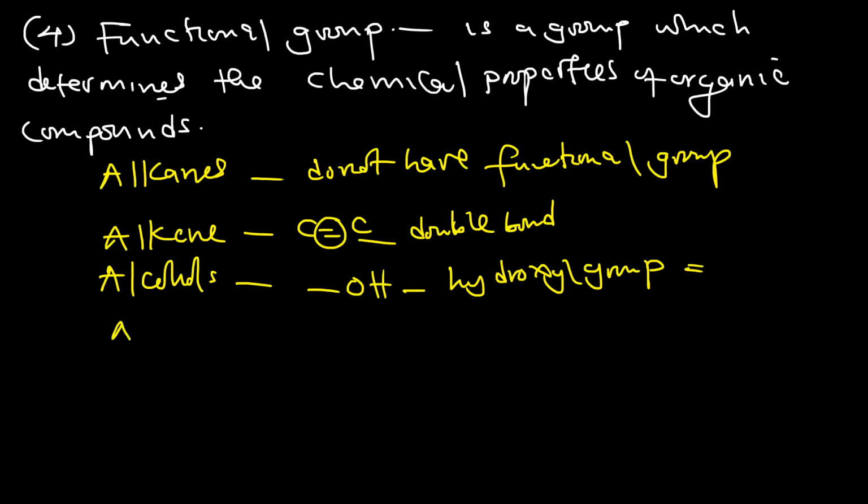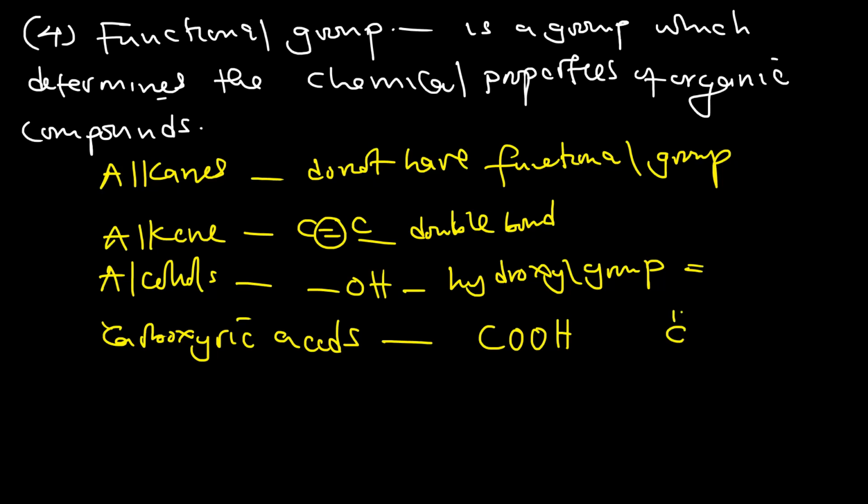Then when you talk of carboxylic acids or alkanoic acids, what they have as a functional group is COOH, otherwise which can be drawn as C, double bond there, then of course OH. So this is the functional group.